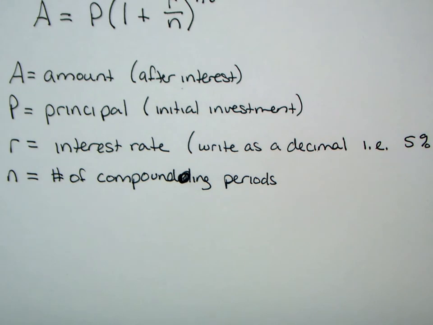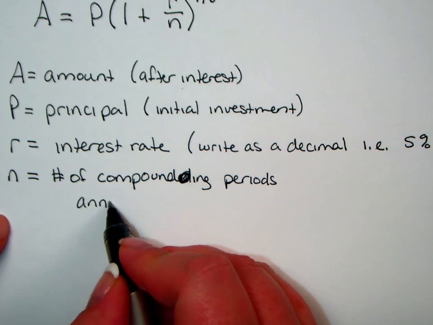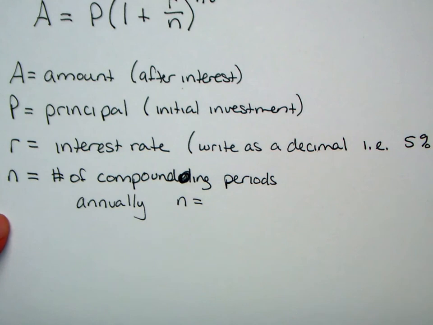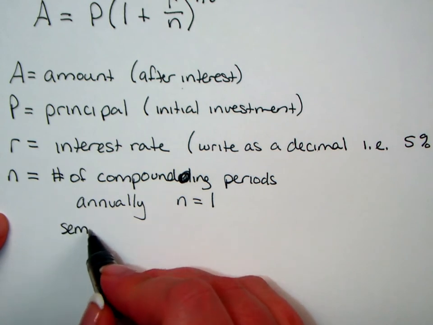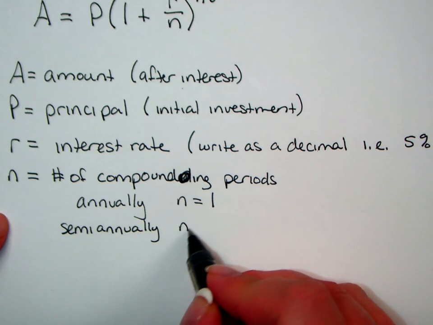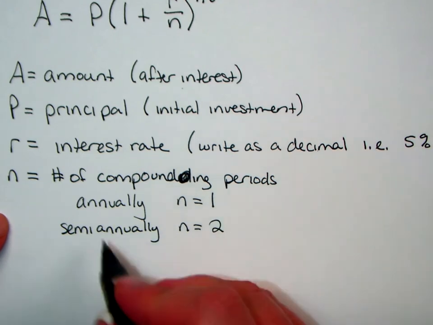So you got to know what all those different values are. If it was annually, then the number of compounding periods in 1 year is 1. The interest is only going to get added to your account once. If the interest was compounded semi-annually, that means N is 2. The interest will be added to your account twice in 1 year.